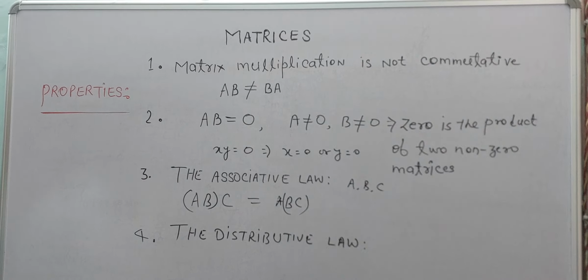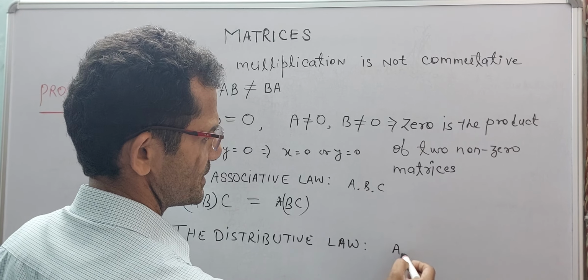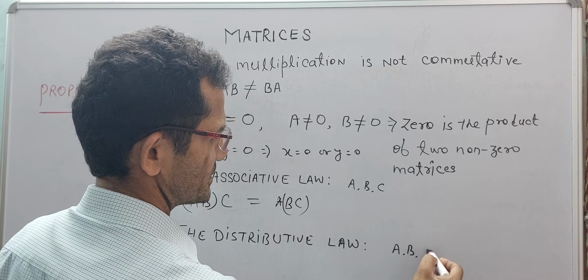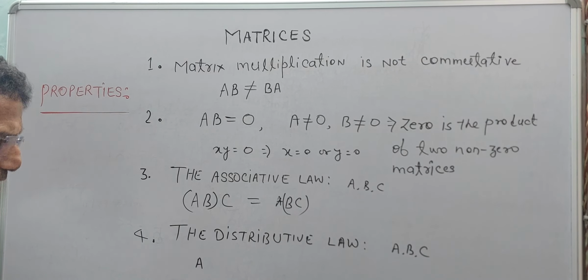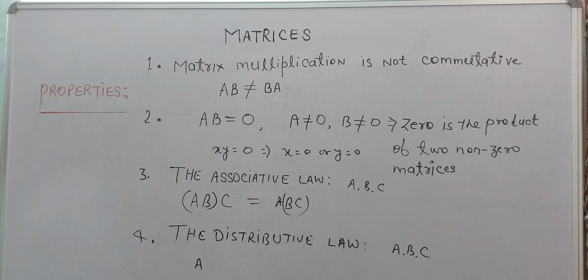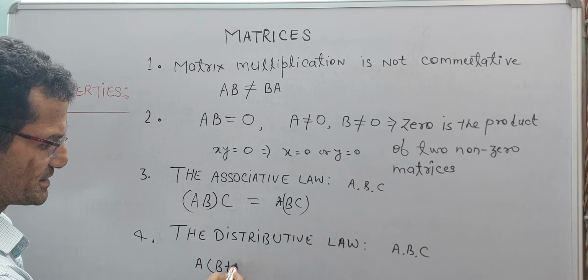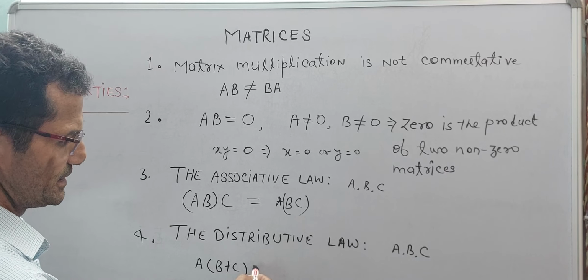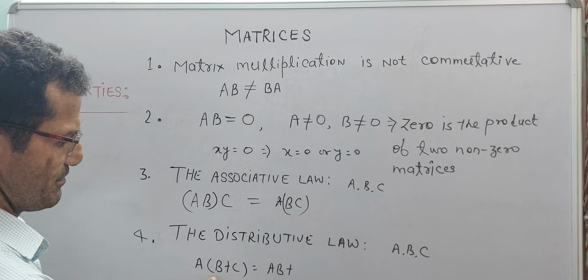Let us suppose we take three matrices A, B, C. Here A(B + C) equals AB plus AC.